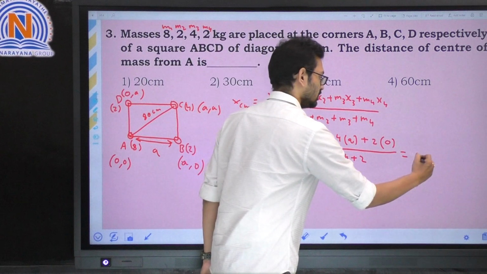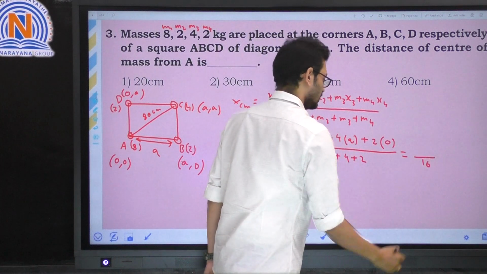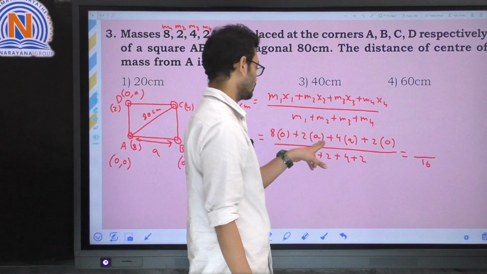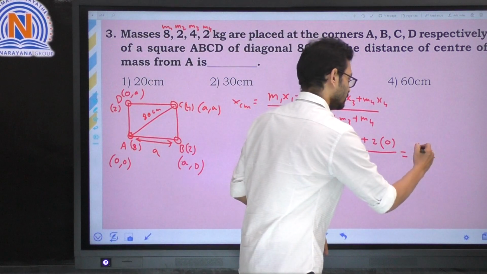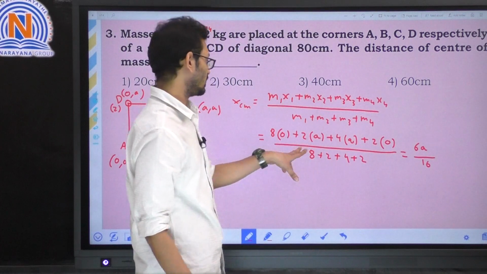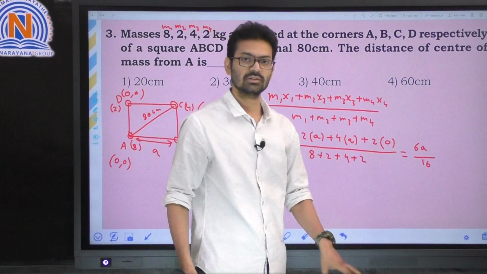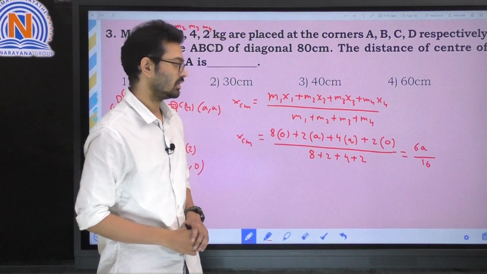That is 16, right? And in the numerator you have 2A plus 4A, which is 6A. So you are getting x center of mass as 6A by 16.